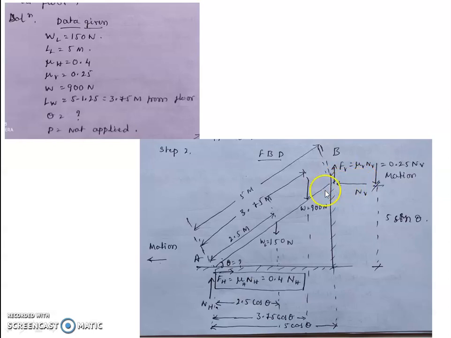This is the force acting on the wall, that is the normal reaction acting on the wall. It is at a distance 5 sin theta from point A. I work it out here, theta, opposite by hypotenuse, same relation used. Opposite is equal to hypotenuse into sin theta. This is what we are observing here.